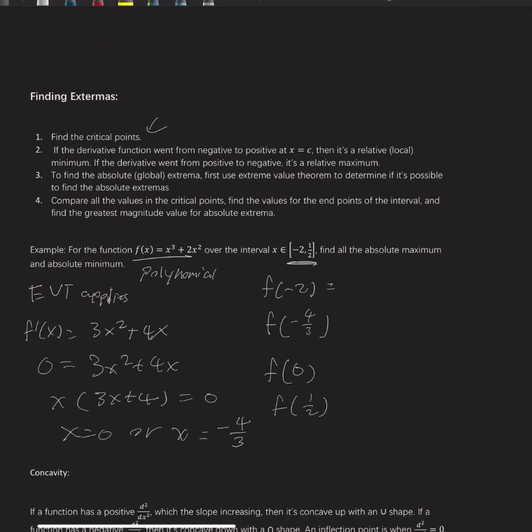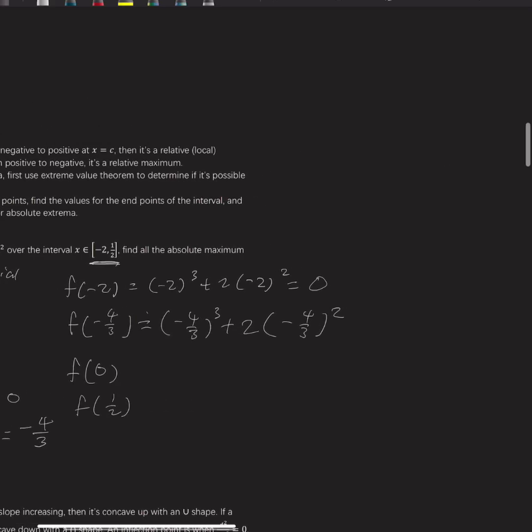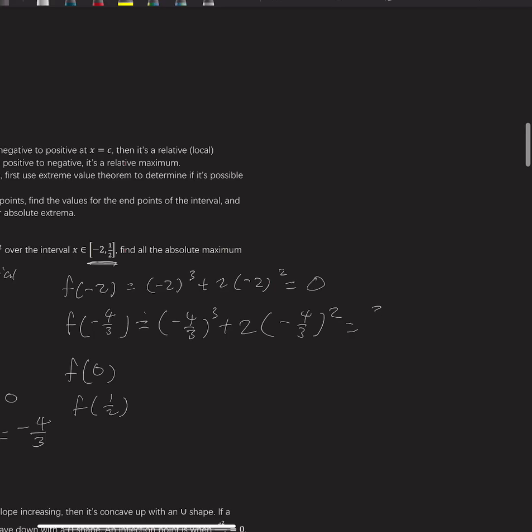So f of negative 2 is negative 2 cubed plus 2 times negative 2 squared, which is equal to 0. And f of negative 4/3 is negative 4/3 cubed plus 2 times negative 4/3 squared. That is equal to 32 over 27, which is approximately 1.19.